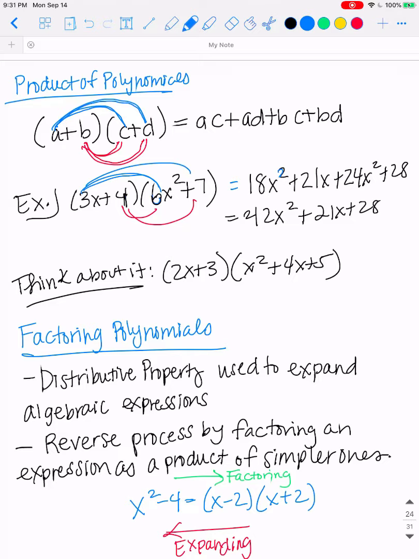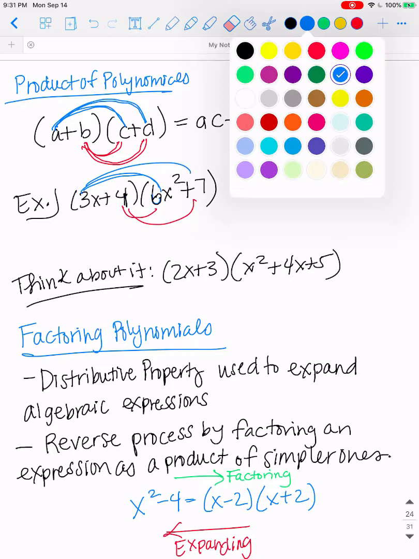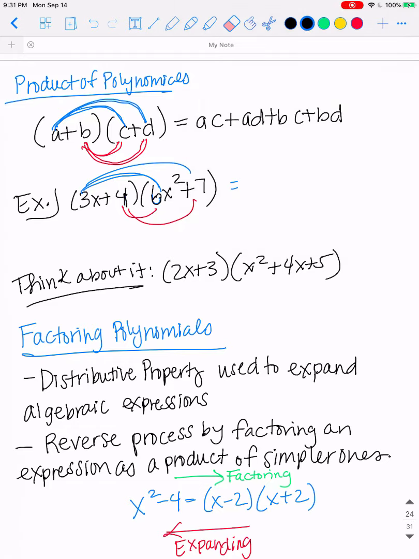Sorry, my 2 turned into a 3. Okay, let's start from scratch together. 3x times 6x squared is 18x cubed.